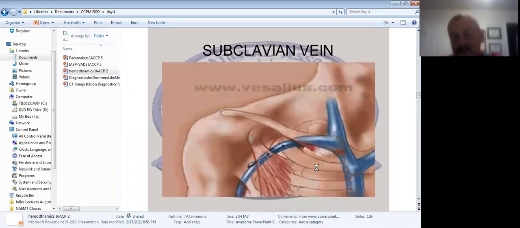So as you look at this drawing, and those of you that have been to cadaver lab know that for subclavian insertion, our landmarks are going to be the acromioclavicular joint, over here on the distal side, and over here the suprasternal notch, and then we'll divide the clavicle into thirds.